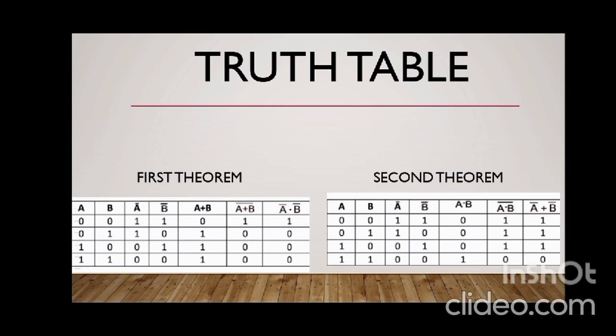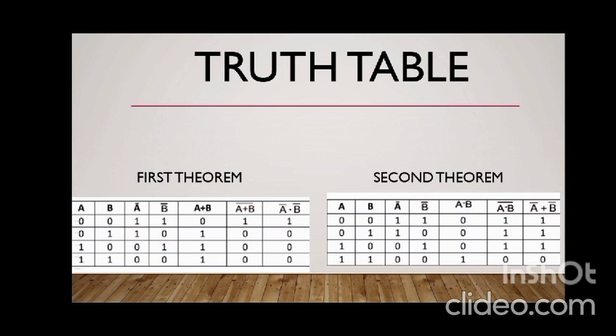Next, A 1, B 0, A bar 0, B bar 1, A plus B 1, A plus B whole bar 0, A bar dot B bar 0. Next, A 1, B 1, A bar 0, B bar 0, A plus B 1, A plus B whole bar 0, A bar dot B bar 0.